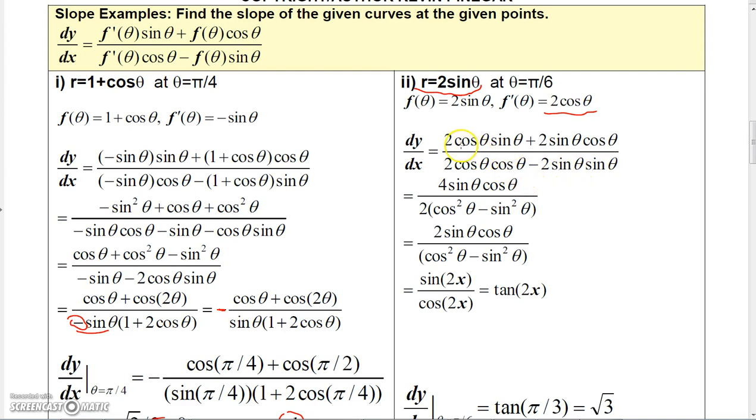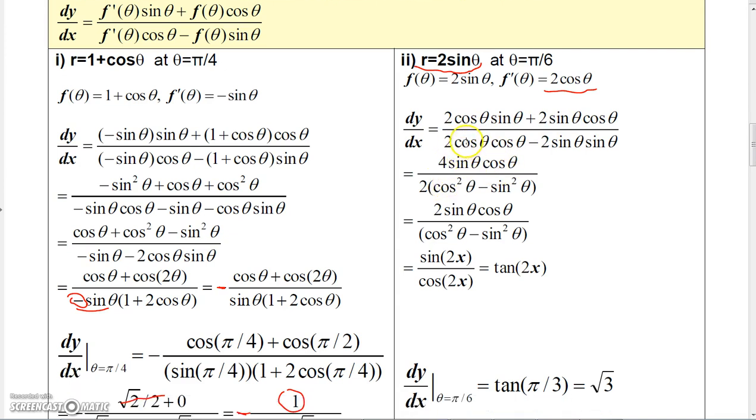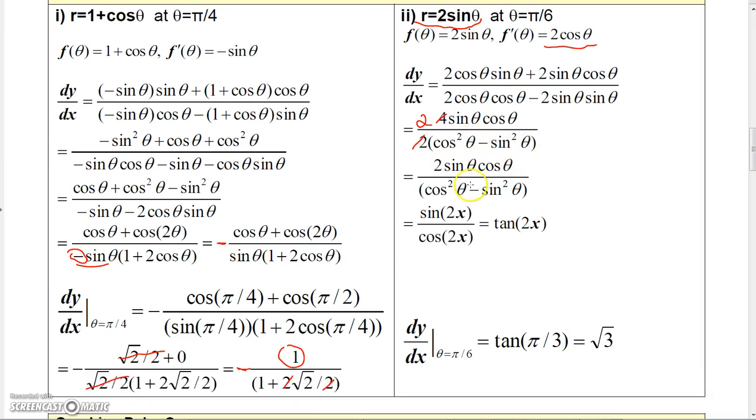Well, the top is just 2 cosine sine plus 2 cosine sine, so that's 4 cosine sine. And on the bottom, I can actually factor out the 2, and then this is cosine squared minus sine squared. And then I can cancel the 2 into the 4 here and get 2 sine theta cosine theta. And the bottom is cosine squared theta minus sine squared theta.